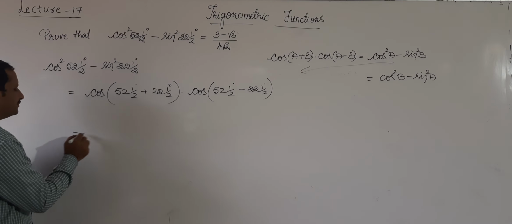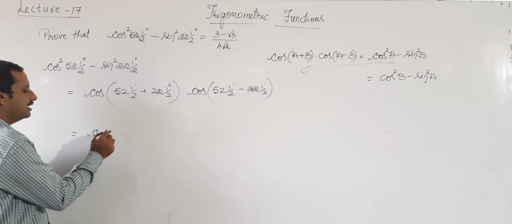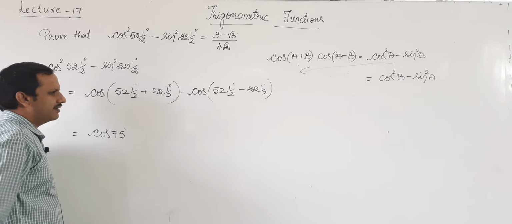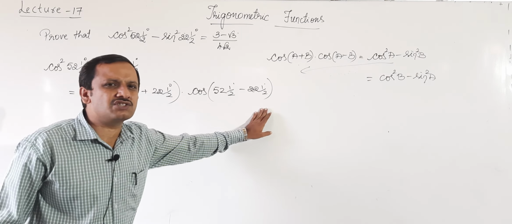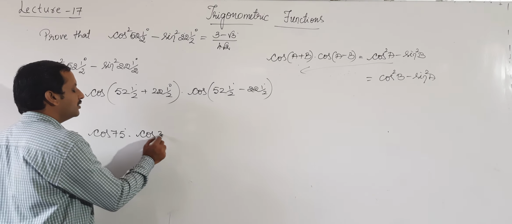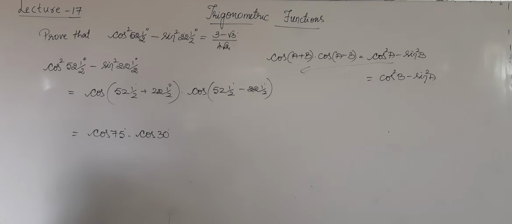That's equal to cos of 52 and a half plus 22 and a half, which gives you 75 degree, into cos of 52 and a half minus 22 and a half, which is 30 degree, right? 52.5 minus 22.5 will be 30 degree.